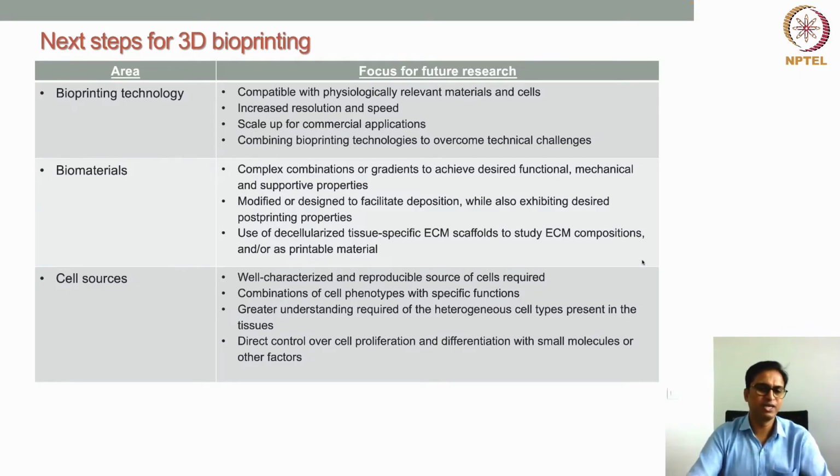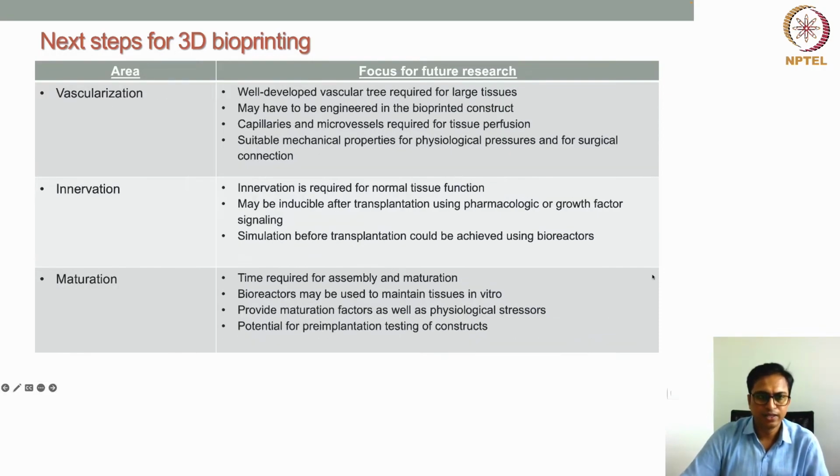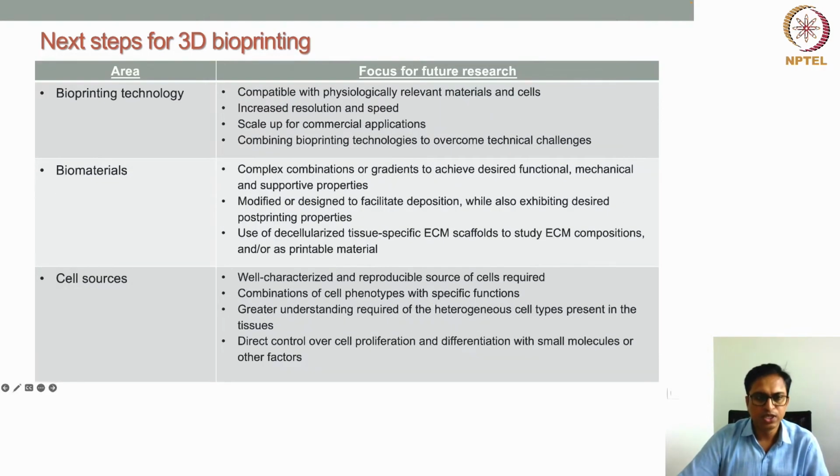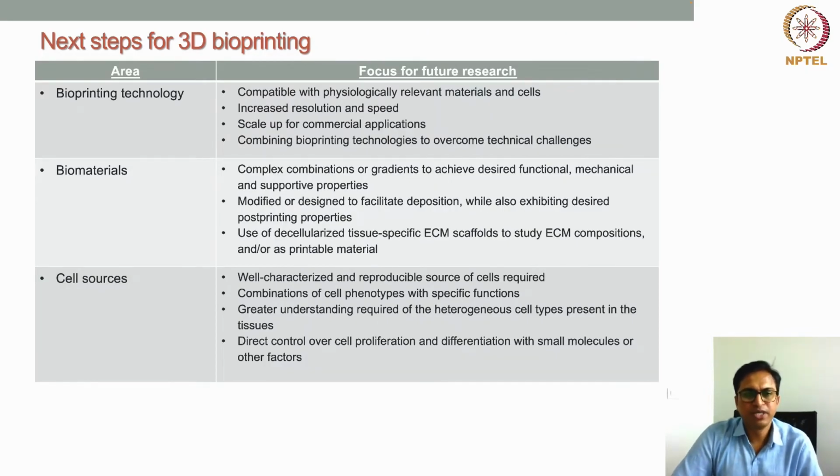I have listed the focuses as per their area: bioprinting technology, biomaterials, cell source, and also vascularization, innervation, and maturation. So we'll start with the bioprinting technology first.